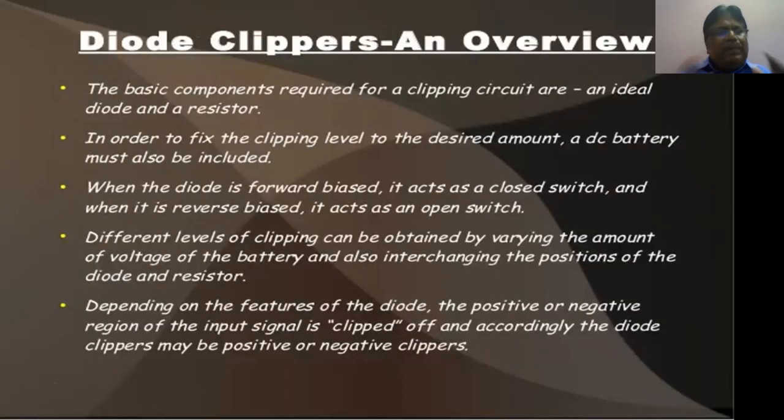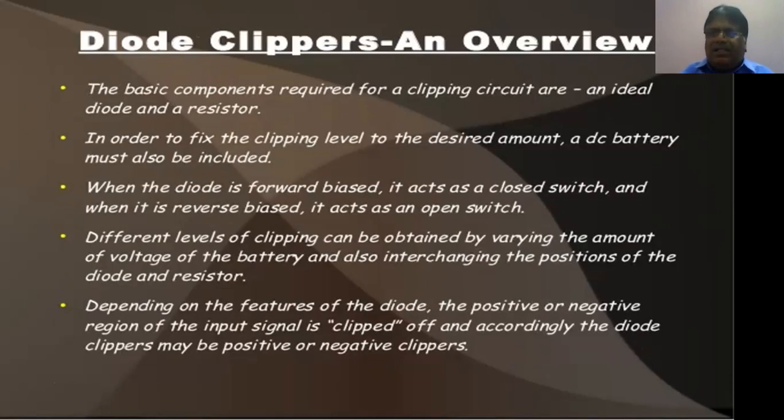These are all the basic fundamentals of clipping and clamping circuits. When you understand these basic points, automatically you will catch all the points about clippers and clampers. Going into the circuits, you will be confused without understanding the basic points.